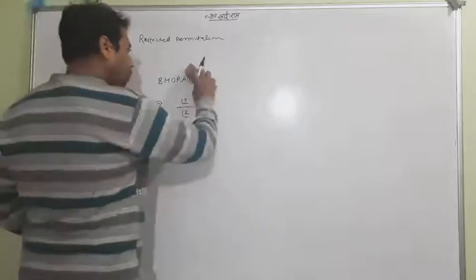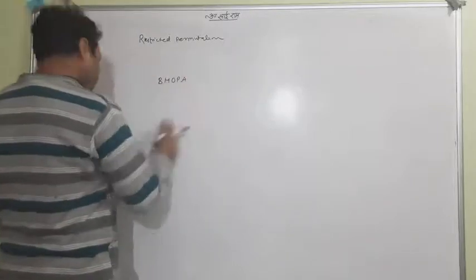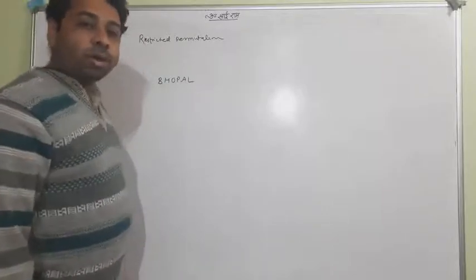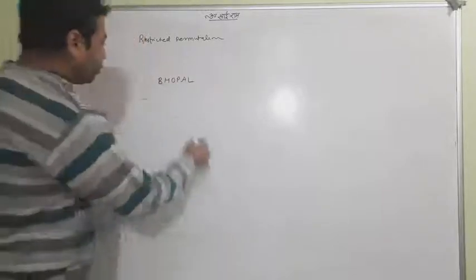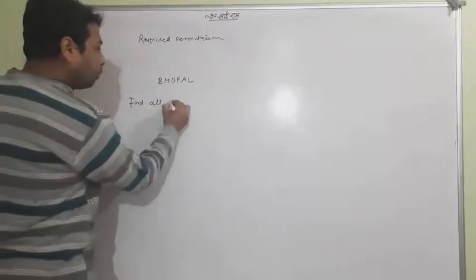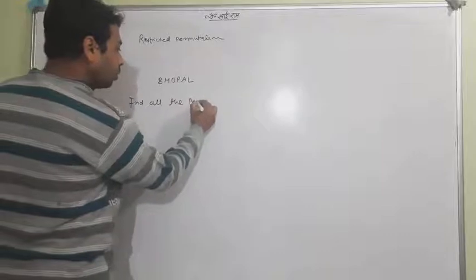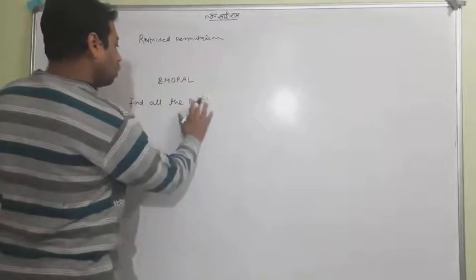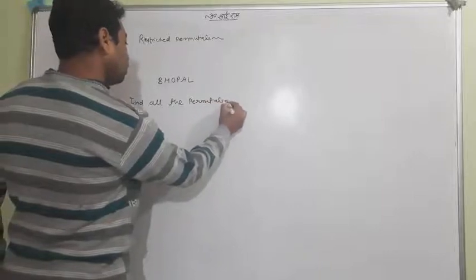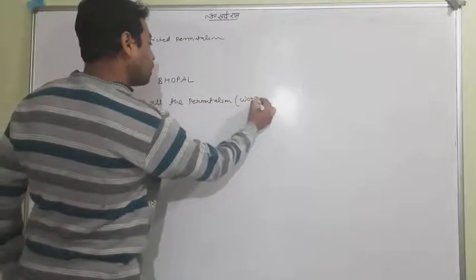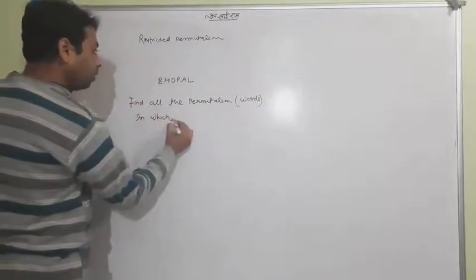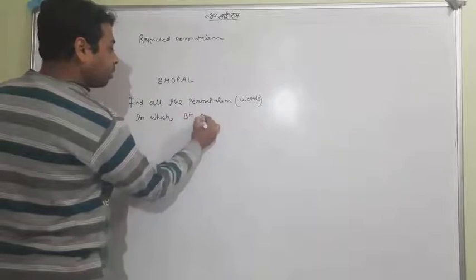Now in today's study, I will teach you to find all the permutations, meaning different words, in which, look at the very important sentence I'm writing here, B and H come together.